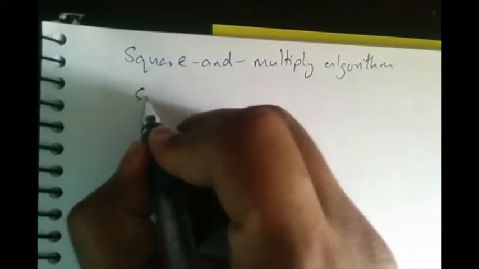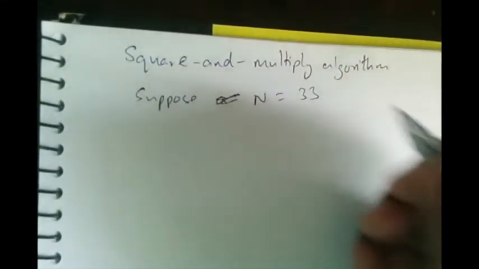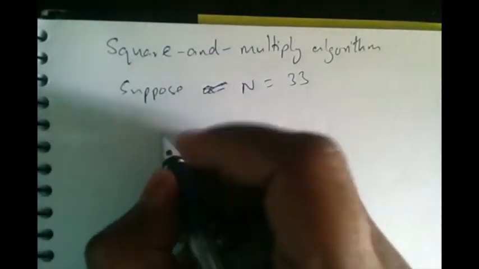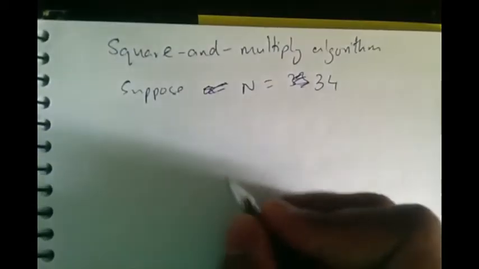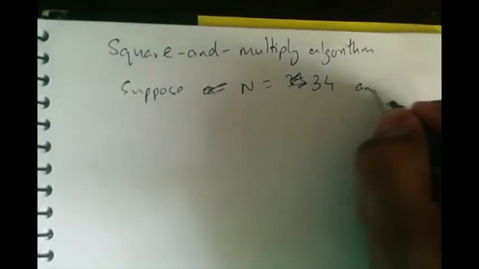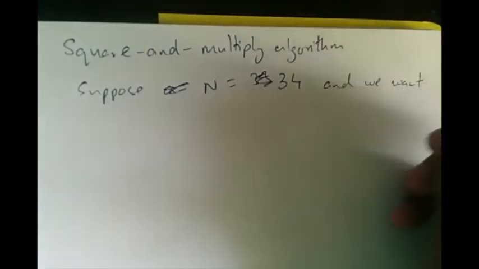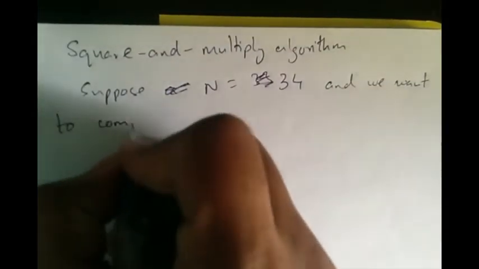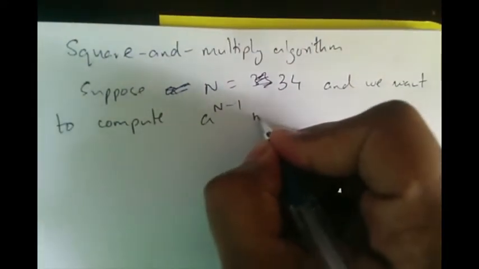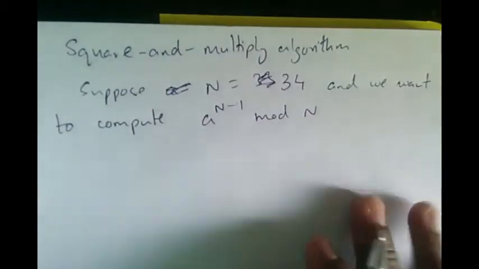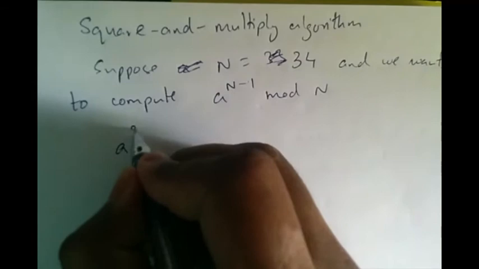Suppose n is 34, and we want to compute a raised to n minus 1 mod n. So we want to compute a raised to 33.